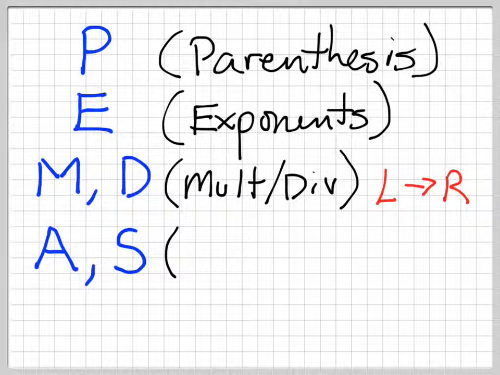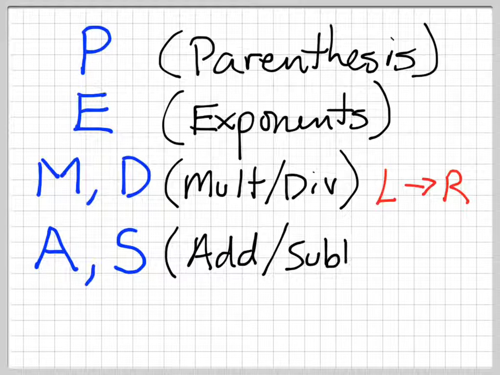A stands for addition or add. S stands for subtract. And we also do that from left to right. Okay, I'm going to copy this and I'll refer back to it for each one of our examples. And I'm going to go ahead and flip to a new screen.